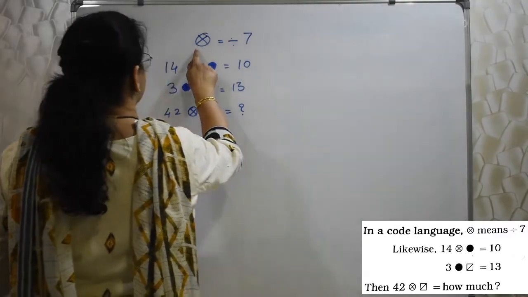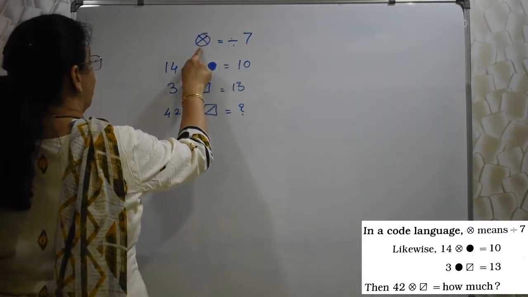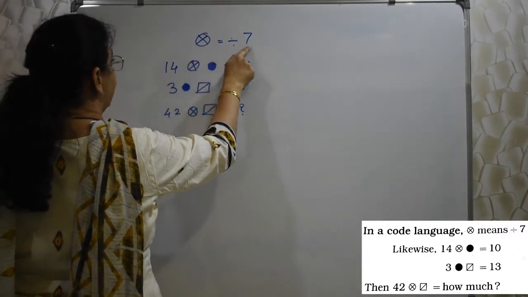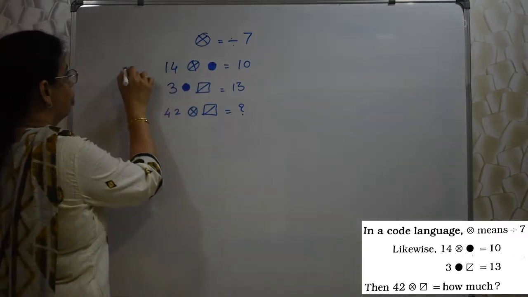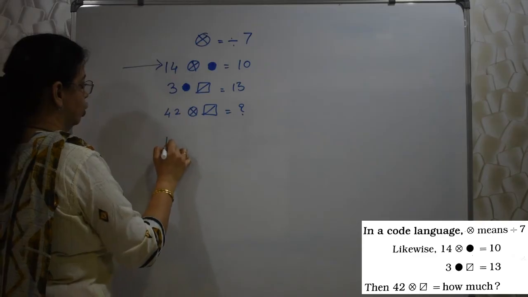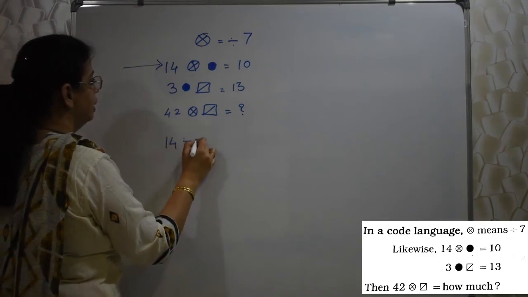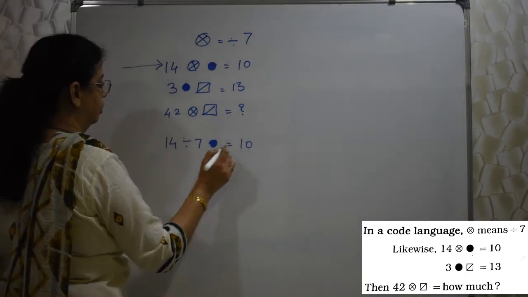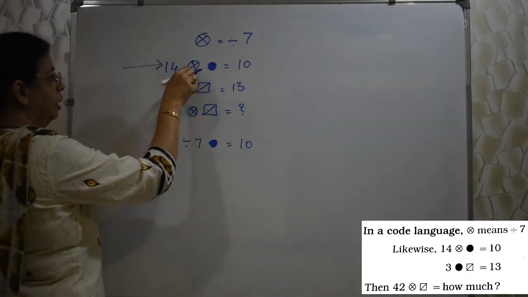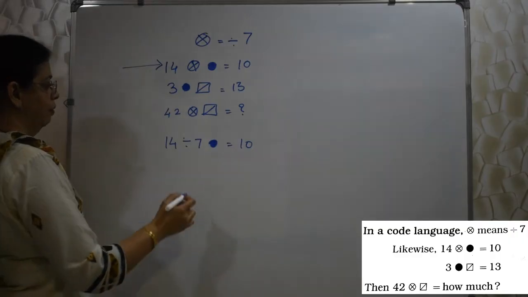Now this is given. When you see this symbol, that means divided by 7. So we'll first replace this. I am concentrating only on this first. So 14 divided by 7 and this same here is equal to 10. Only in place of this I have written divided by 7.